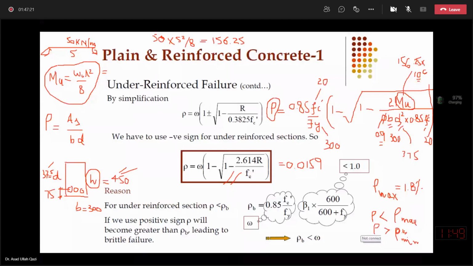So our rho 1.59% is less than rho max and greater than rho minimum. So our selection of section is valid.